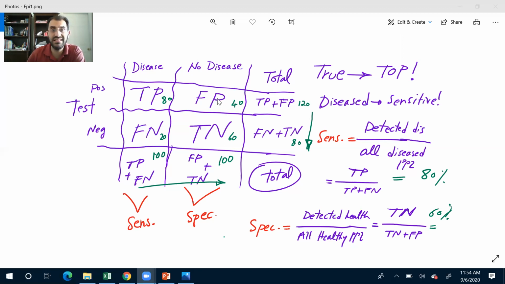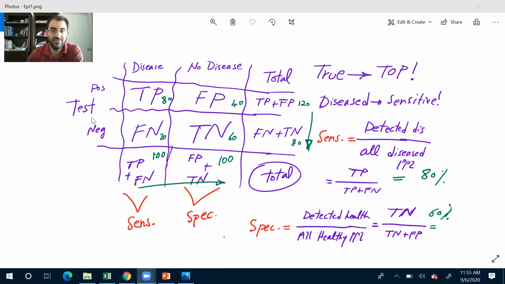The rest of the table is easy breezy. What is the least important square of my 2x2 table? Negative and no disease is my lowest priority: somebody who is not a smoker and does not have lung cancer.